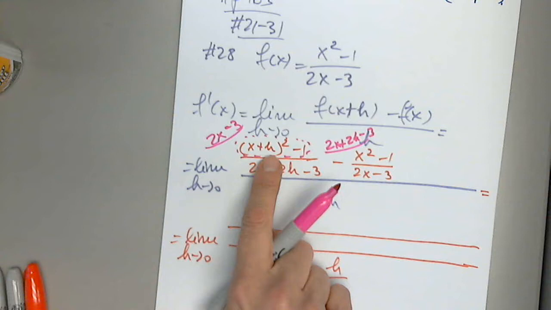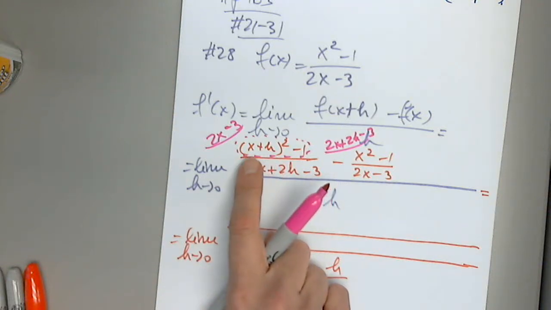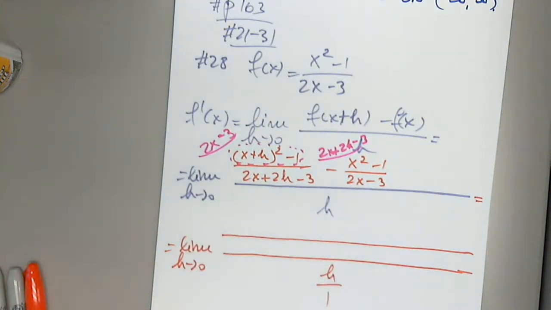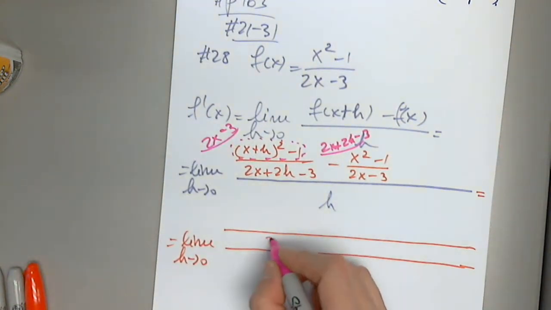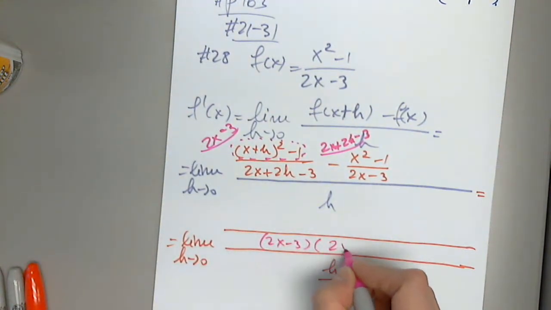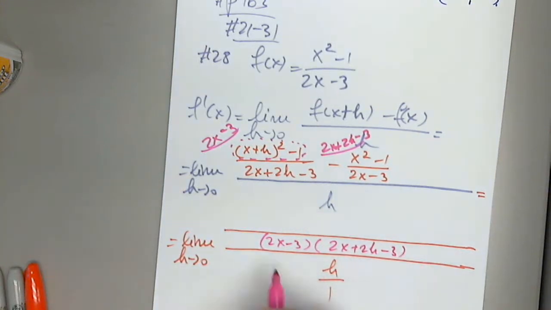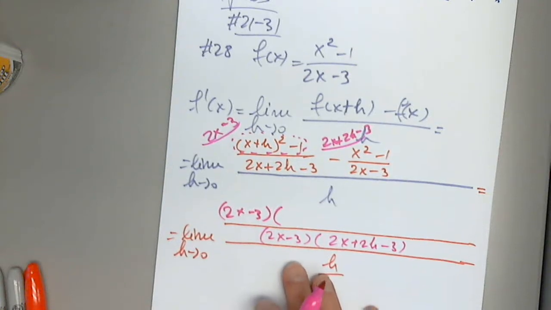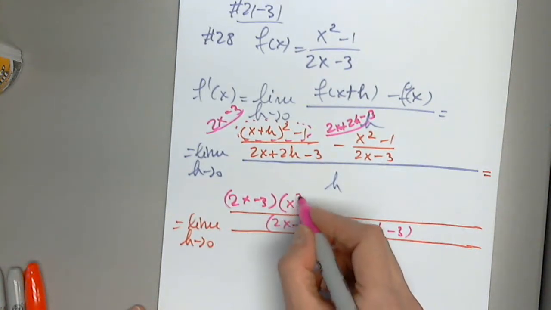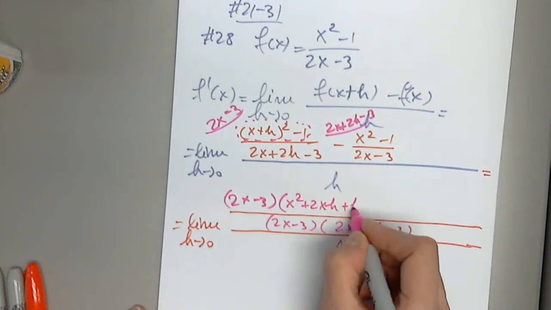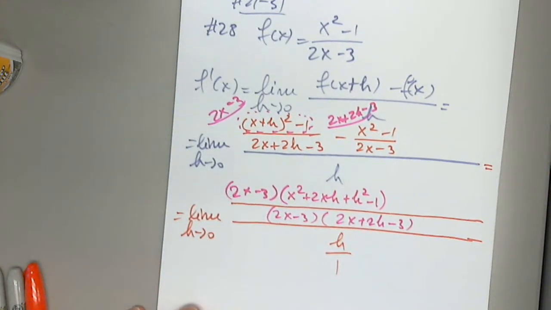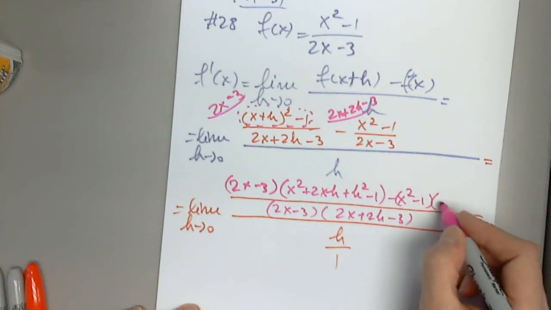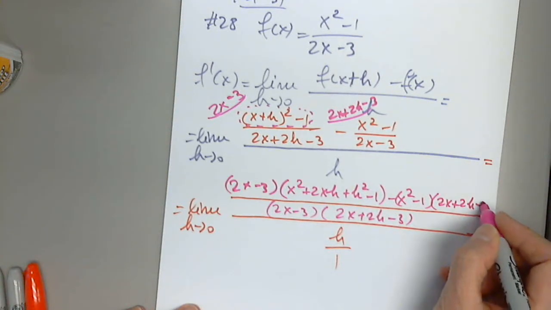But I'm going to simplify it first. I don't want to skip steps, so let's write it so everyone sees what we're doing. So I'm going to write 2x minus 3, but do not simplify with the denominator, please. So this is x squared plus 2xh plus h squared minus 1, and then minus x squared minus 1 and 2x plus 2h minus 3.